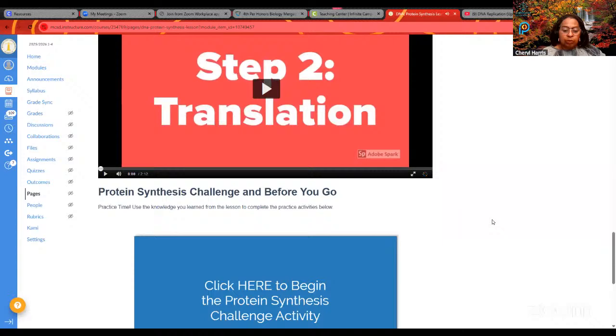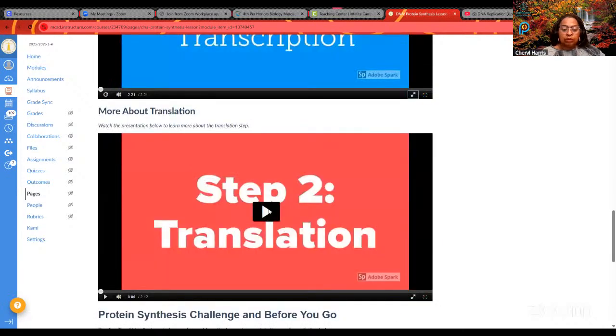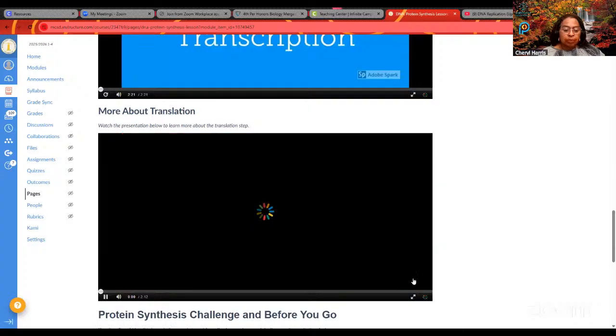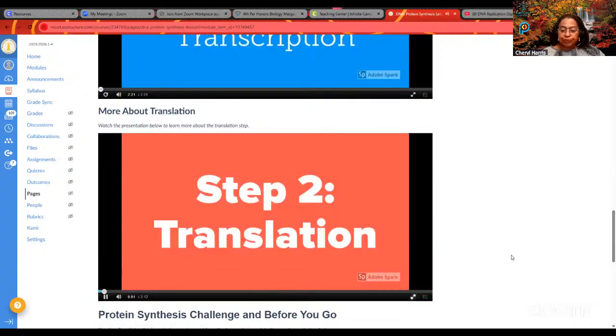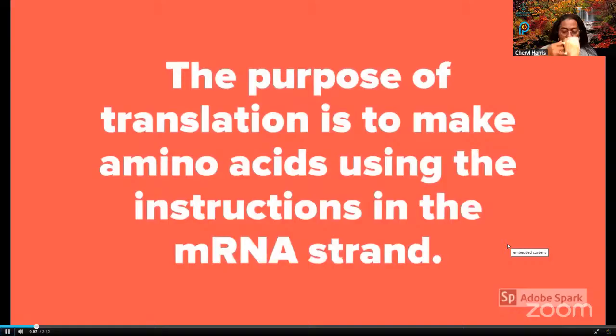So let's look at part 2. Step 2, translation. The purpose of translation is to make amino acids using the instructions in the mRNA strand.